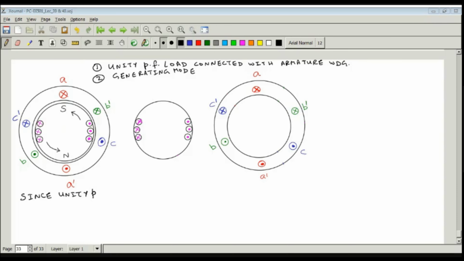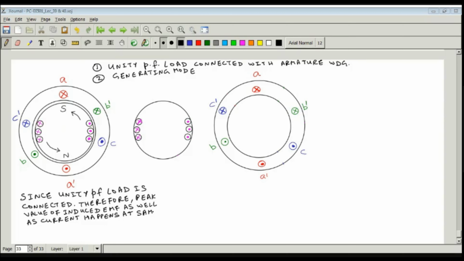Therefore, the peak value of induced EMF as well as current happens at the same time.